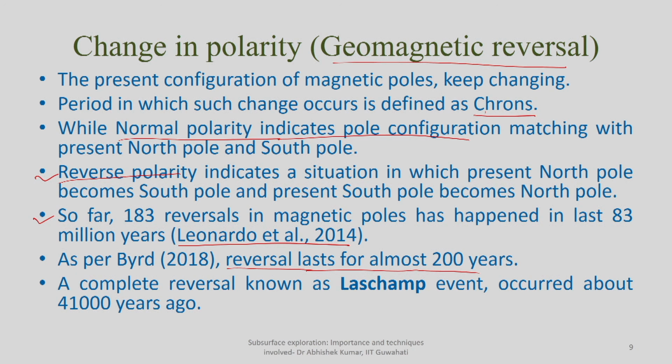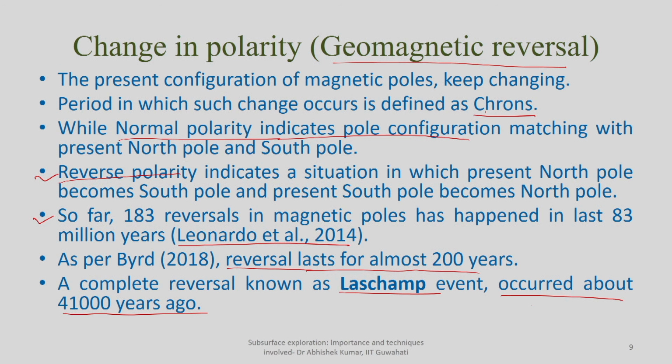A complete reversal, again as I mentioned, these chrons are often named, a complete reversal known as the Laschamp event occurred almost 41,000 years ago. So, almost 41,000 years ago there was a complete reversal in the present configuration. So, the present magnetic force direction also became reversed, that can be understood.